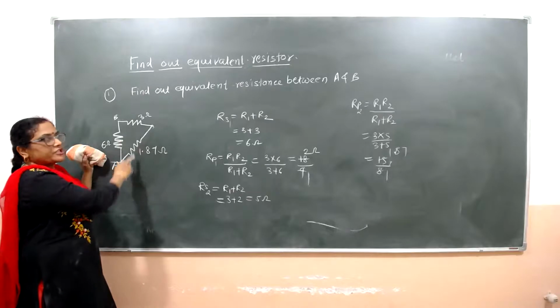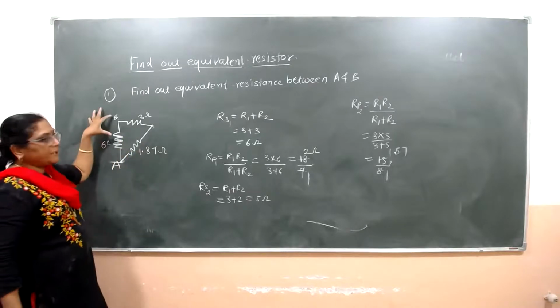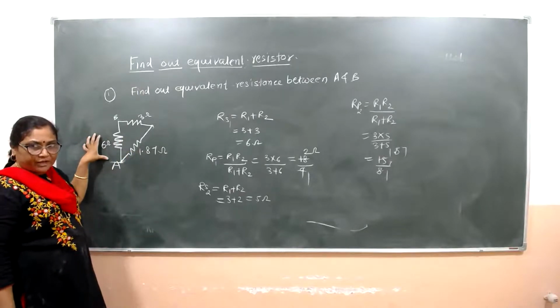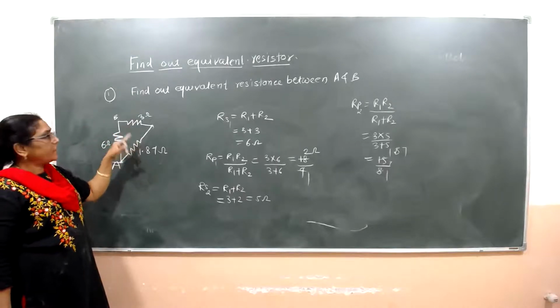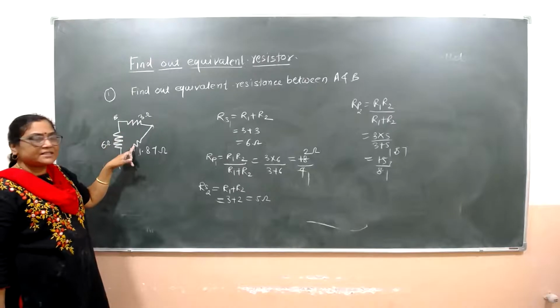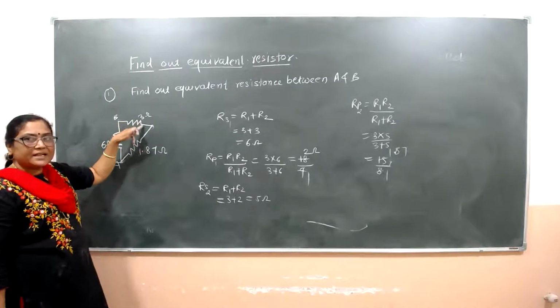Again, there are two resistors. We want the resistance in between A and B. In between A and B, how many resistors are there? Two resistors, and this combination is a series, meaning 1.87 plus 3.